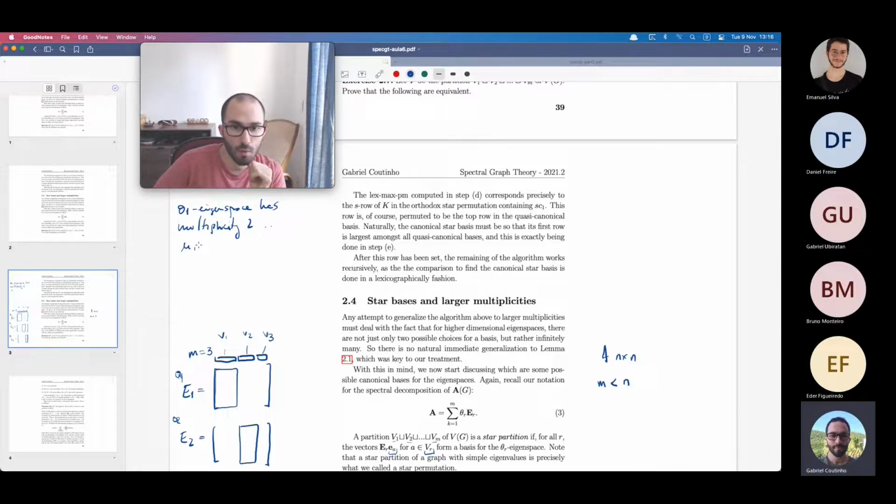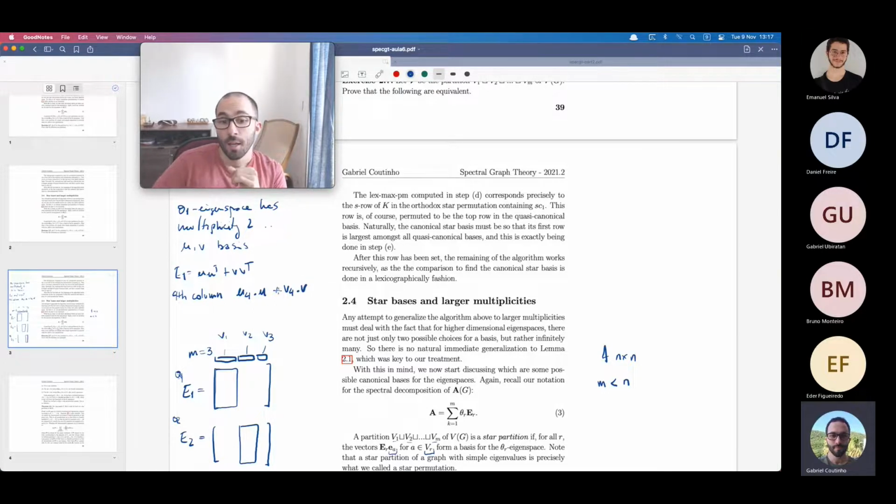Let's say U and V form an orthonormal basis. Then E sub 1 is U U transpose plus V V transpose. Right? So, for example, the fourth column of E sub 1 is the fourth entry of U times U plus the fourth entry of V times V.